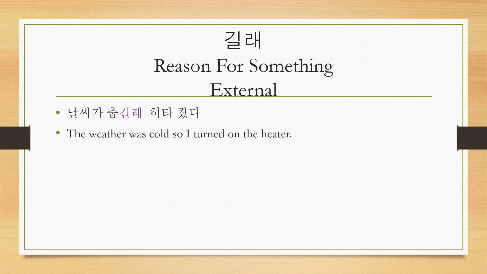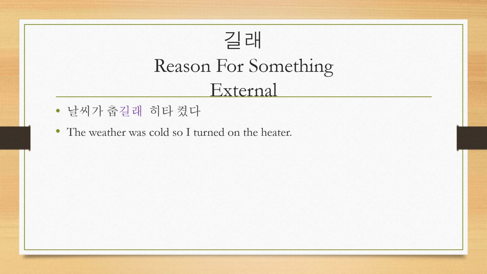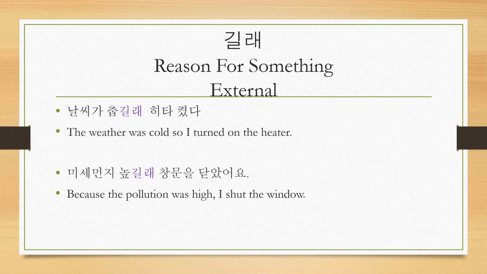So here we have, it's an external reason for something, similar to 덕분에 or something like that, 때문에, 느라고. It's a reason. So the weather was cold, so I turned on the heater. Right now, 날씨가 춥길래 히터 켰다. And here we have 미세먼지 높길래 창문을 닫았어요. Because the pollution was high, I shut the window.